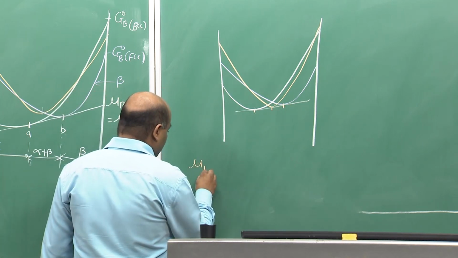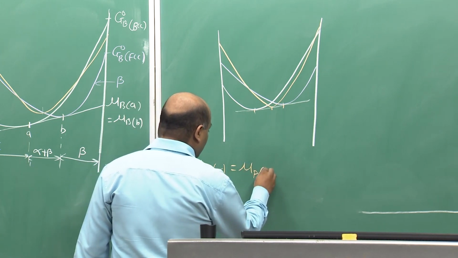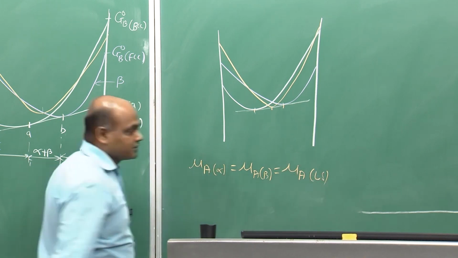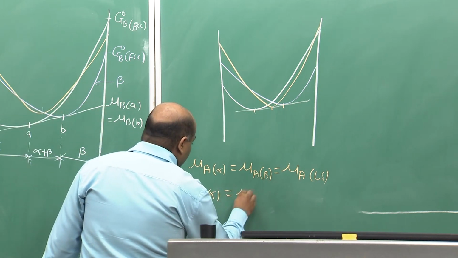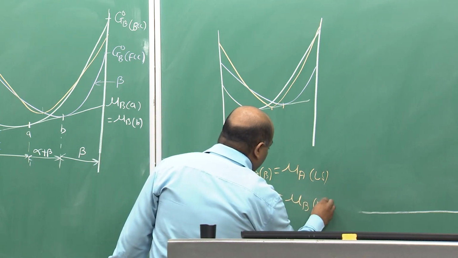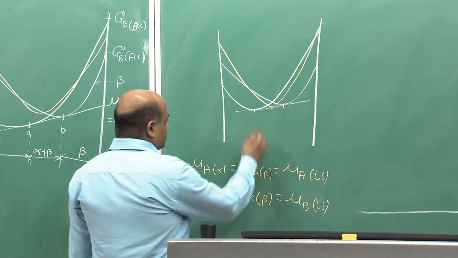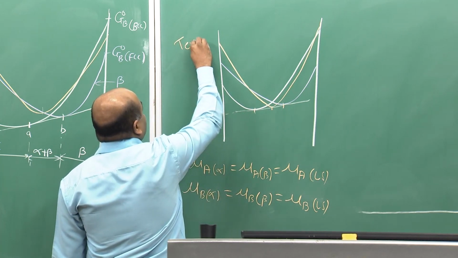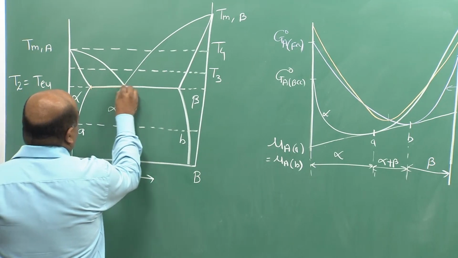because in this case the chemical potential of A in alpha is the same as the chemical potential of A in beta, same as the chemical potential of A in the liquid solution. Similarly, mu B alpha is equal to mu B beta is equal to mu B liquid solution, and this is basically the eutectic temperature, right, because at the eutectic temperature you see there is a 3-phase equilibrium here.